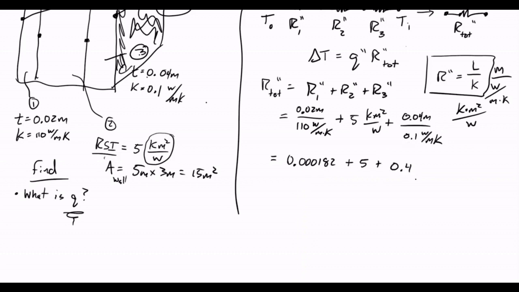So remember, this is resistance. So the larger the number, the greater the resistance to the flow of heat. In other words, the greater the temperature drop for an equivalent amount of heat transfer, or the less heat transfer we will have for an equivalent temperature drop.